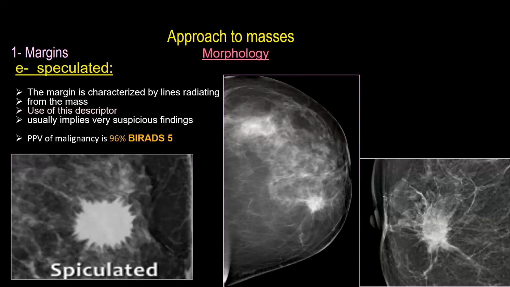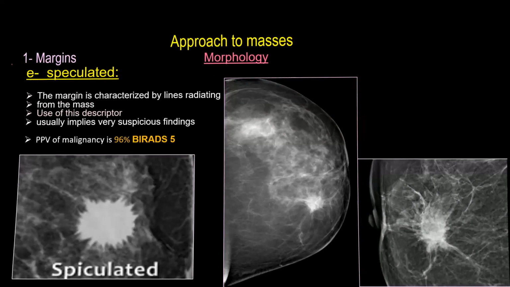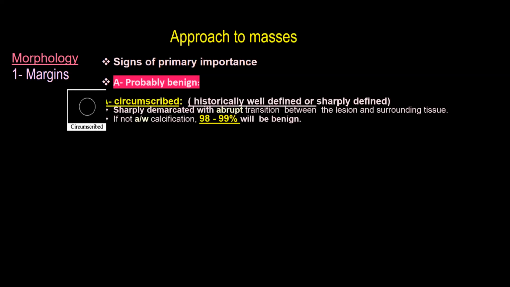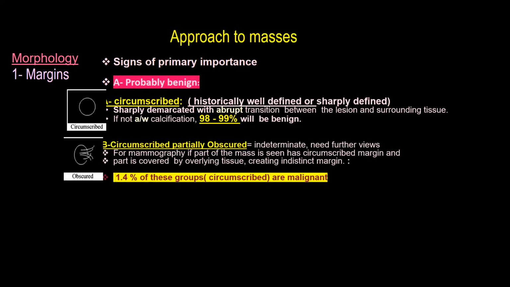So it is almost always considered to be malignant. The highest descriptor of malignancy is the speculated margin. That is why the margins are the most important descriptors. So regarding the morphology, margins of the mass are considered the sign of primary importance, starting with probably benign descriptors, which include circumscribed and circumscribed partially obscured.